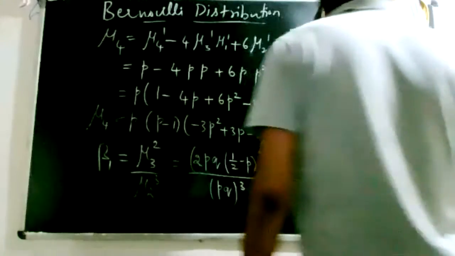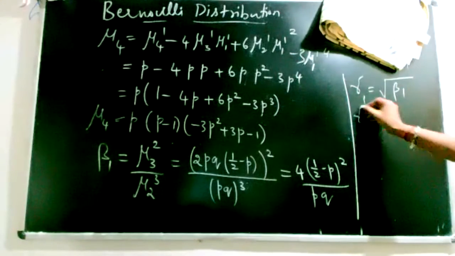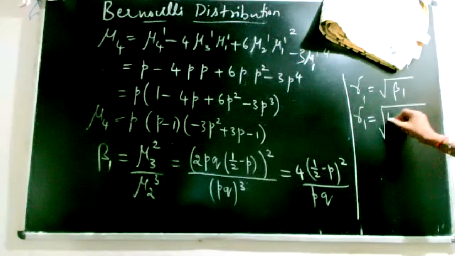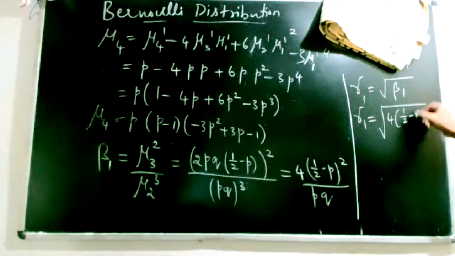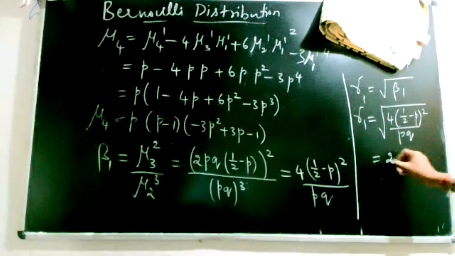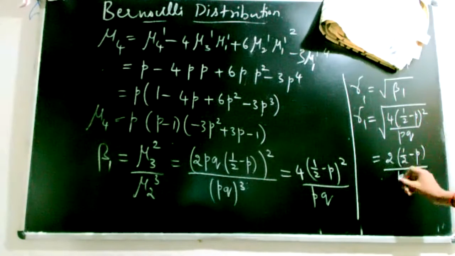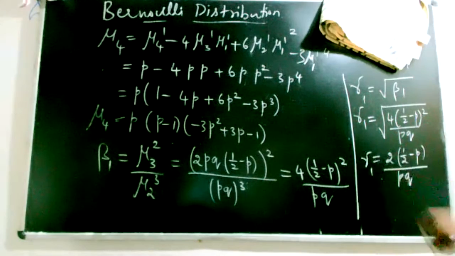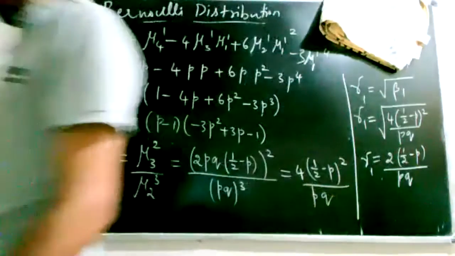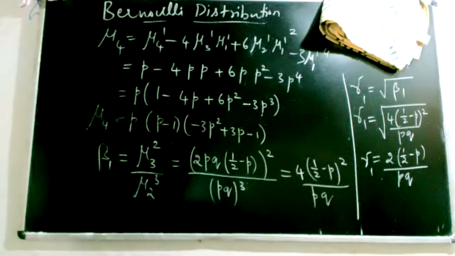And also we have gamma 1 equal to the square root of beta 1. So gamma 1 will be the square root of 4 into half minus p square by pq, which will be 2 into half minus p divided by root pq.